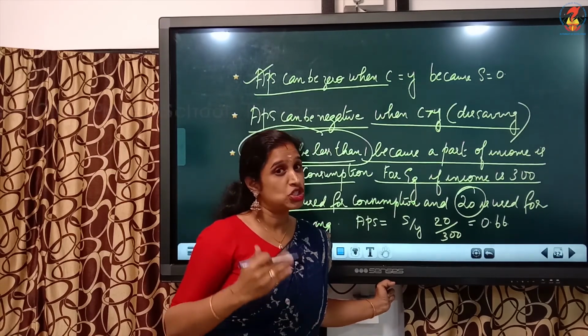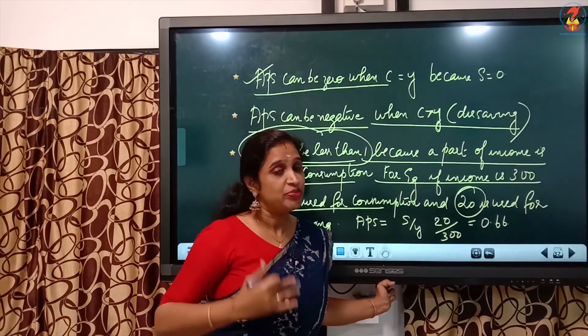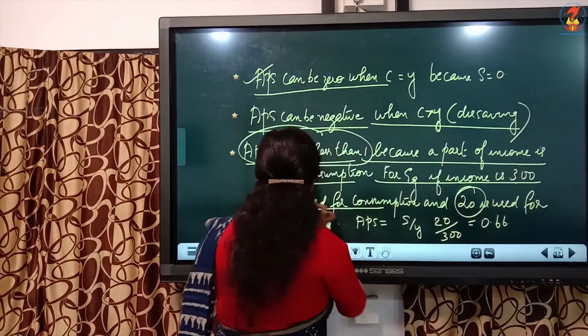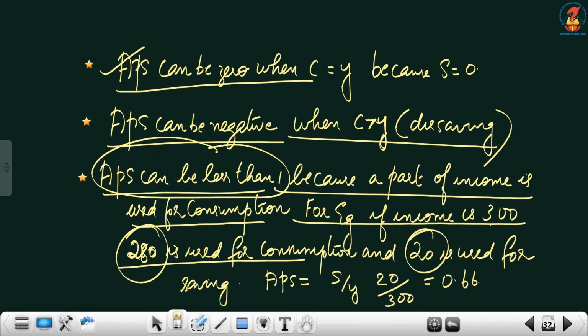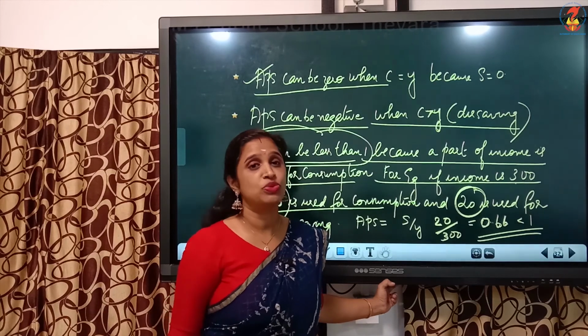The example to prove that: if the income in the economy is 300, 280 is used for consumption and the rest is used for saving. Therefore, S by Y is equal to 20 by 300, which is 0.066, less than 1. That means APS should be less than 1 because a part of the income is used for consumption.